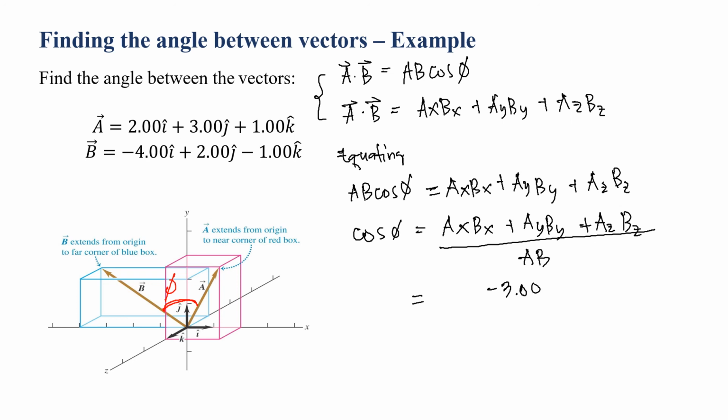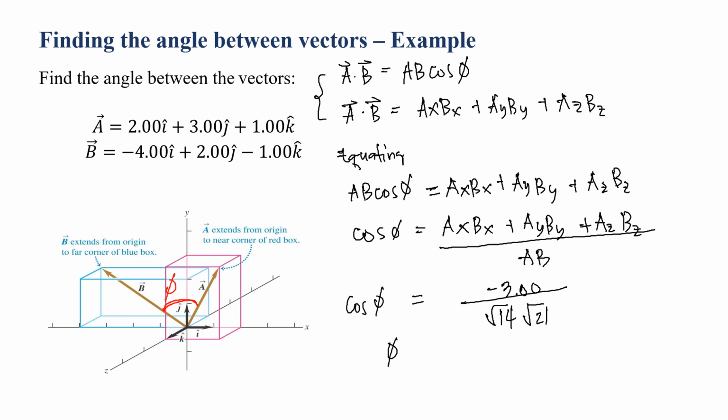Please check it yourself. And the magnitude of A is square root of 14, and the magnitude of B is square root of 21. So this is your cosine phi here.